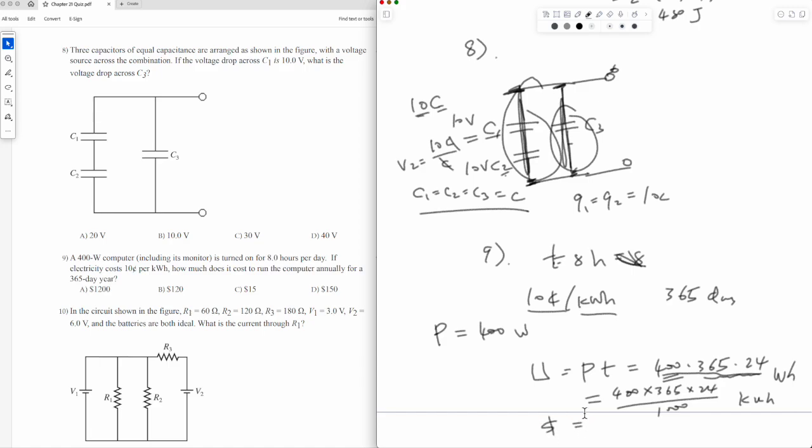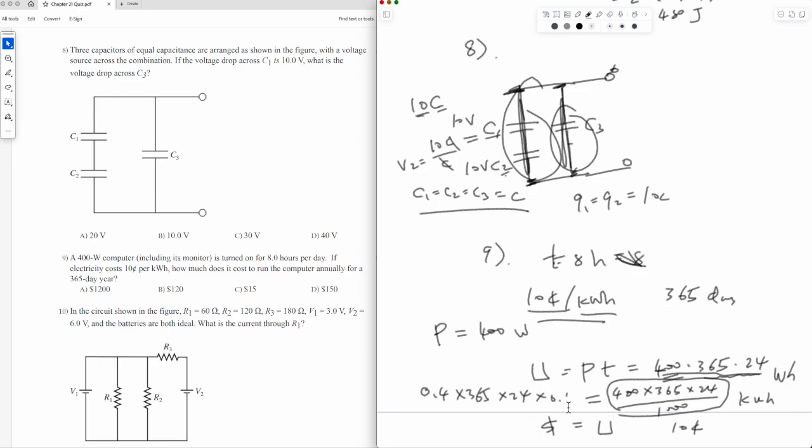So cost equals whatever this number is times the rate, so times 10 cents. Okay, so let's see. Basically it is 0.4 times 365 times 24 and then times 10 cents.